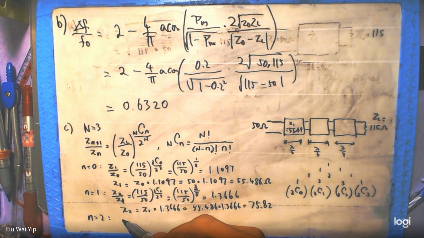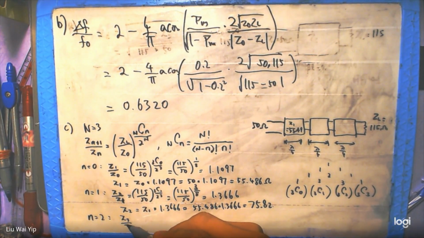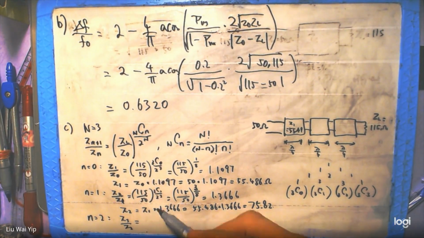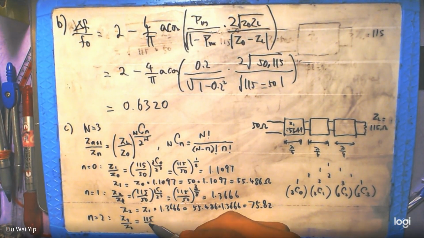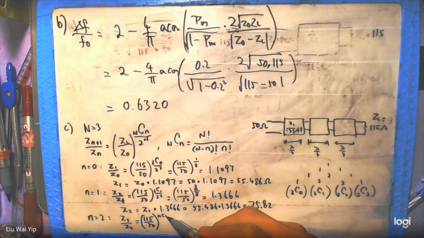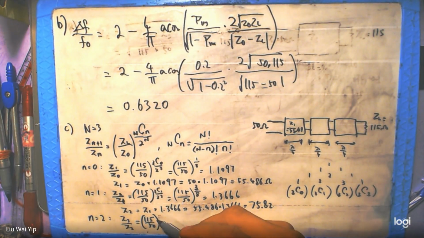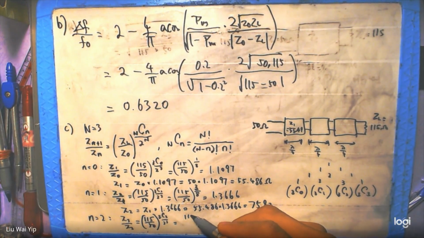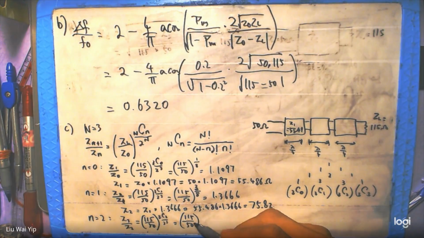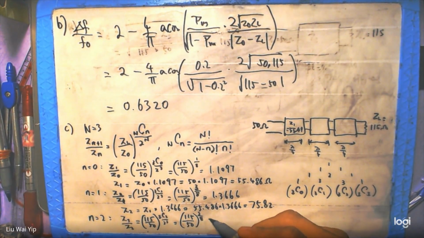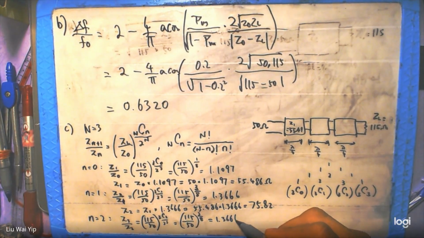And n equals to 2. This is the final one, and substituting into this formula, and then 115 over 50, and then 3C2, 2 to the power 3, so we got 1.3666 here as well.